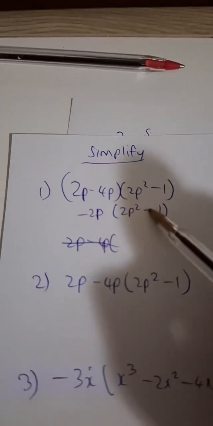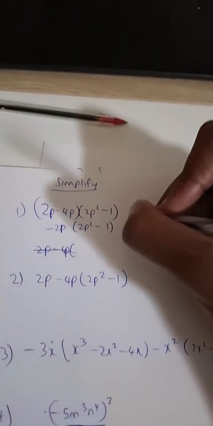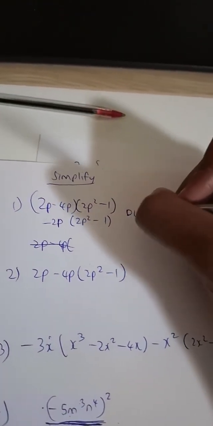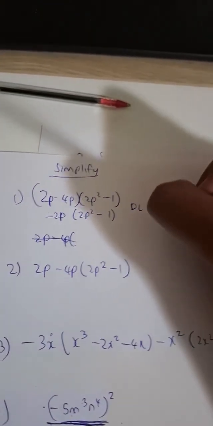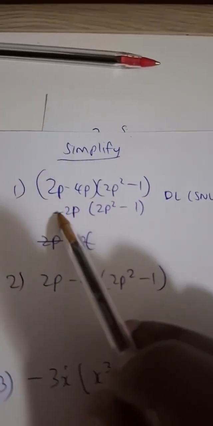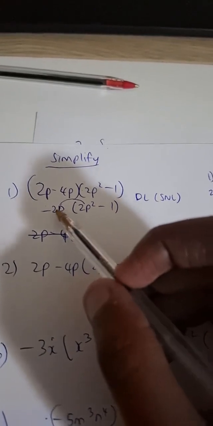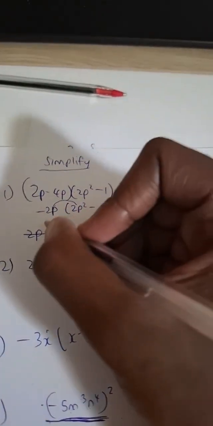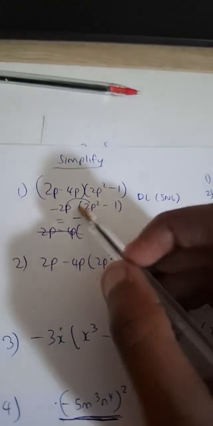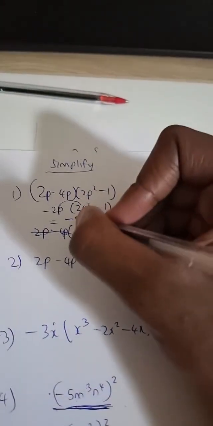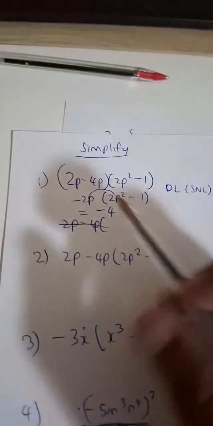So that means we can go ahead and distribute. We can use the distributive law using SNL. So let's distribute this term with that one by multiplication. Negative times a net positive gives you negative. 2 times 2 is 4.